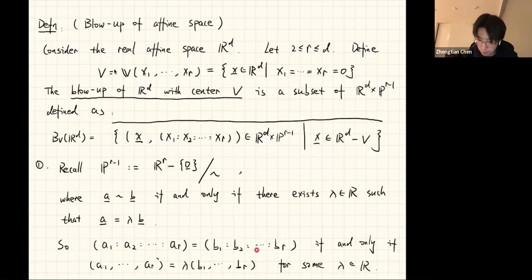If I give you two coordinates in the projective space, even though each of these tuples a1, a2, ..., ar and b1, b2, ..., br are different, they might be the same in the projective space. Take the two points, go back to the Euclidean affine space, and check whether they are on the same line or not.